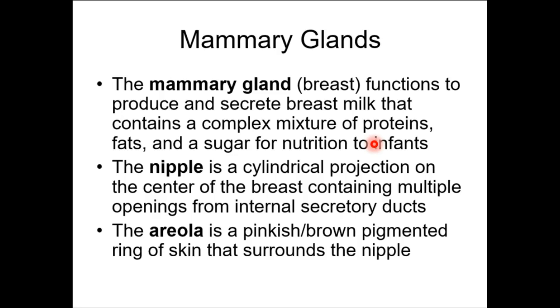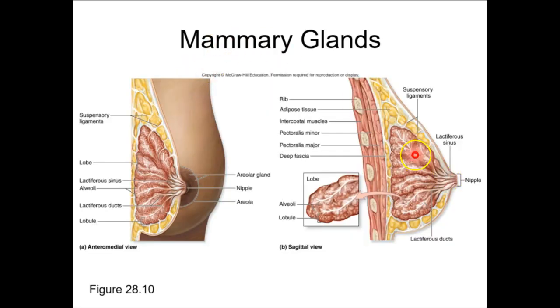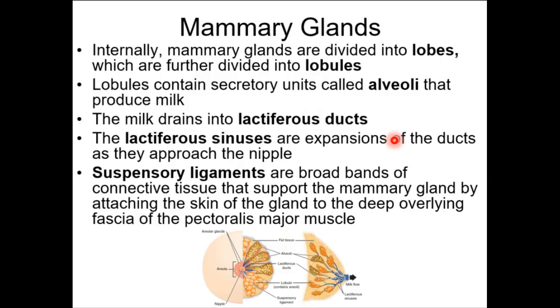Moving on. Secondary sexual characteristics for women, mammary glands of the breasts. So they are glandular tissues. These are compound acinar glands that do produce milk, and they produce milk into lactiferous ducts that empty into lactiferous sinuses, and they're held up via suspensory ligaments. So your breasts have suspensory ligaments as well.